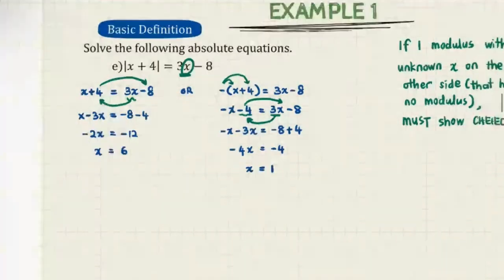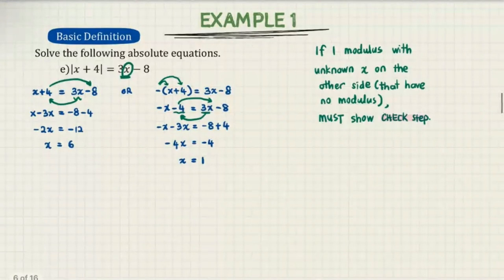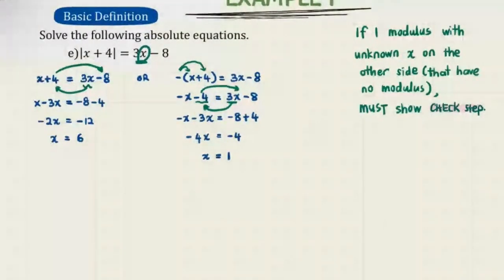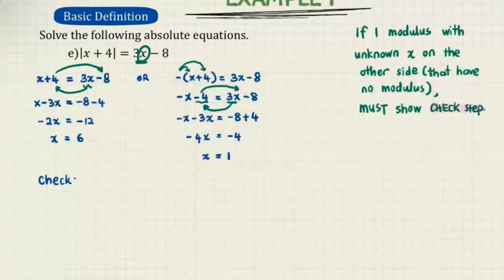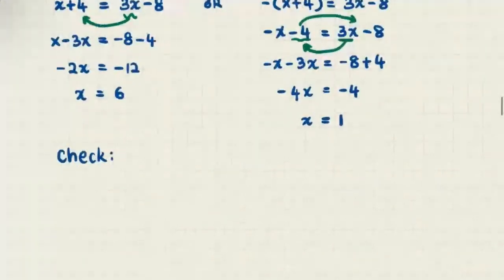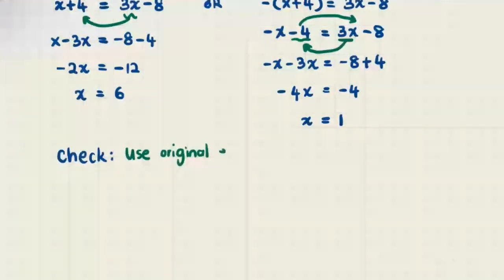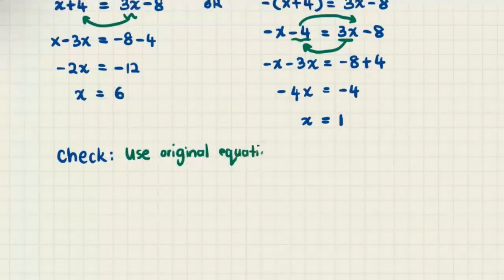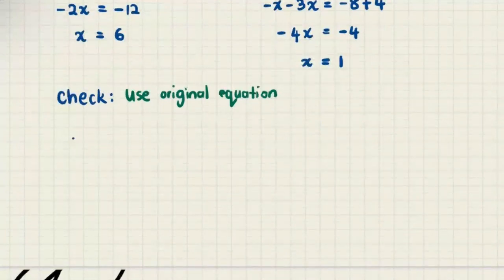But earlier I said we need to show the check step. Okay, so why do we need a check? So here let's try. We need to see which one of these values of x satisfies our original equation. So here we will add the check step. So the check must be substituted into the original equation. Okay, so here I will use a box where this will be our x.